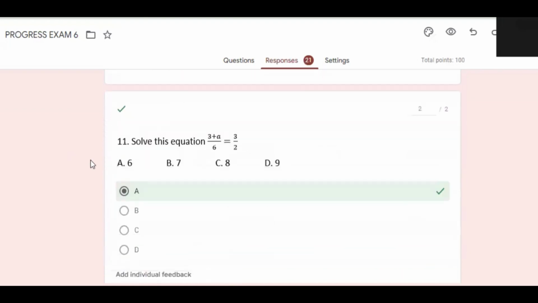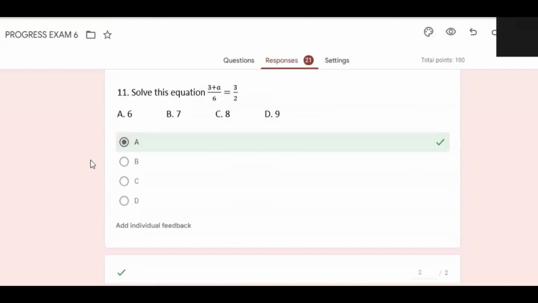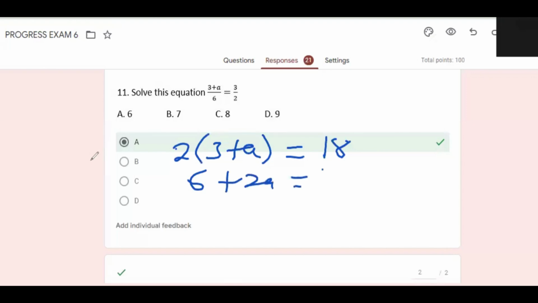We have done this. For this one, what do we do here? You just cross multiply. So 2 times 3 plus a, with 6 plus 2a equals 18. 6 times 3 is 18. So we open the bracket and we have 6 plus 2a equals 18.